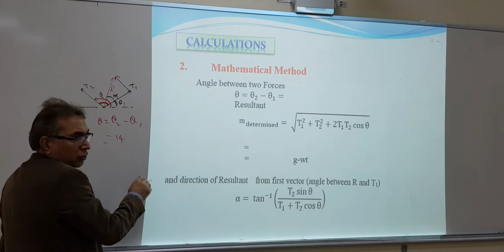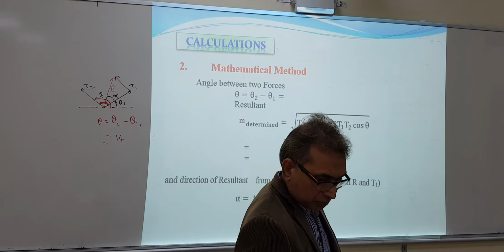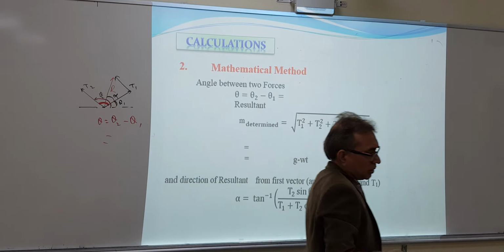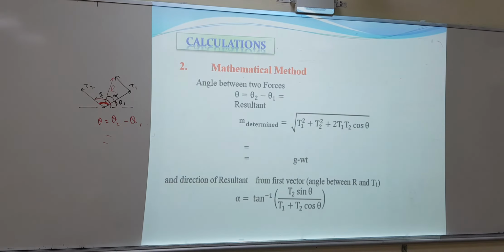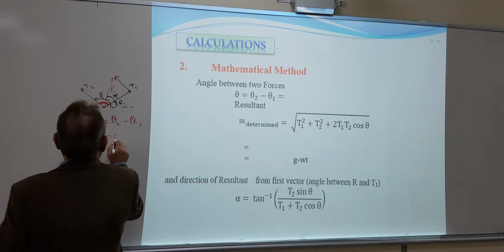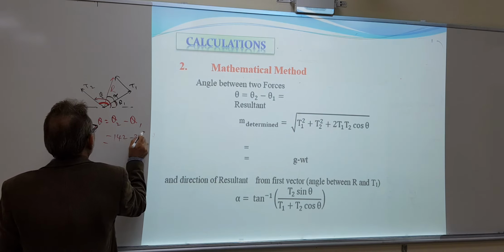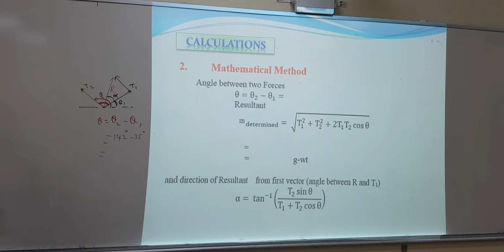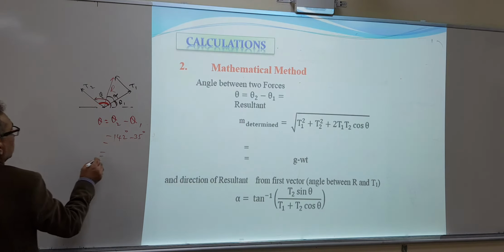For example, if you have theta 1 as 35 and theta 2 as 142, so 142 minus 35, you will be getting 107, for example.